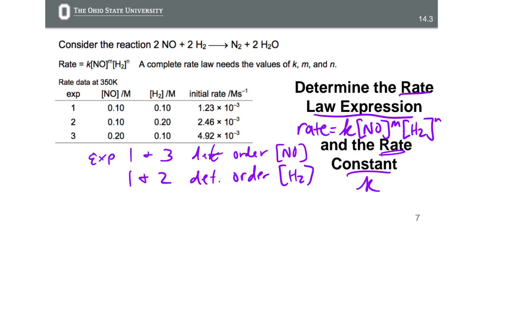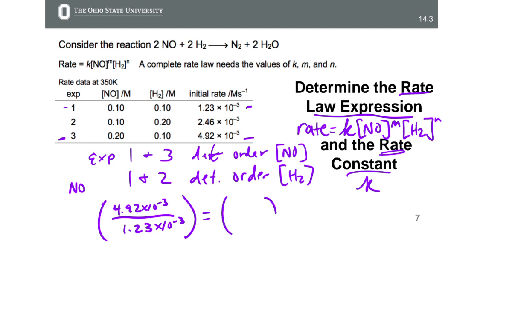Okay, so using that equation we saw in the previous slide, let's determine the order with respect to NO and take experiments 1 and 3. And we'll do rate divided by rate: 4.92 times 10 to the minus 3 over 1.23 times 10 to the minus 3 equals concentration over concentration raised to some power. 0.2 divided by 0.1.